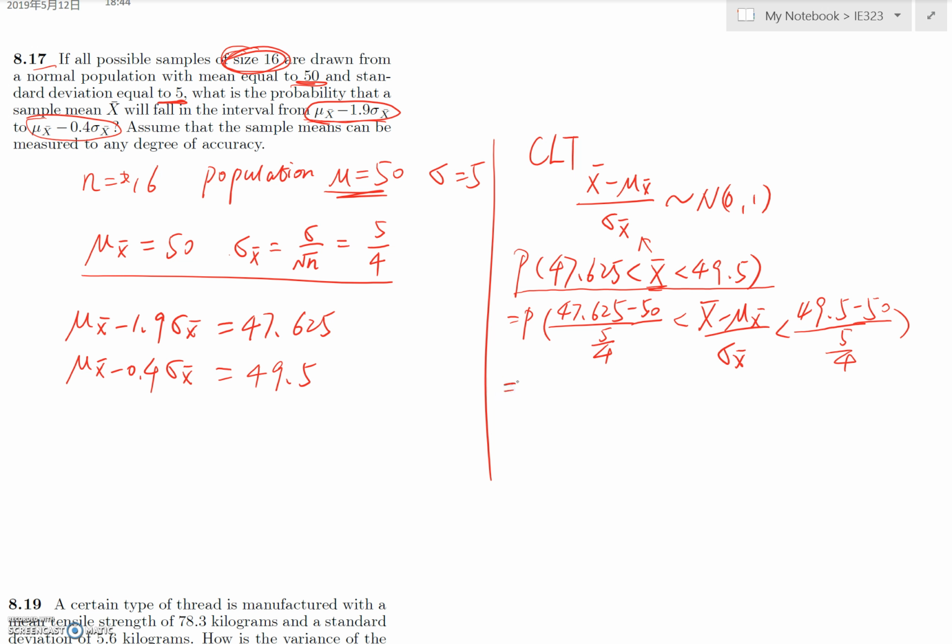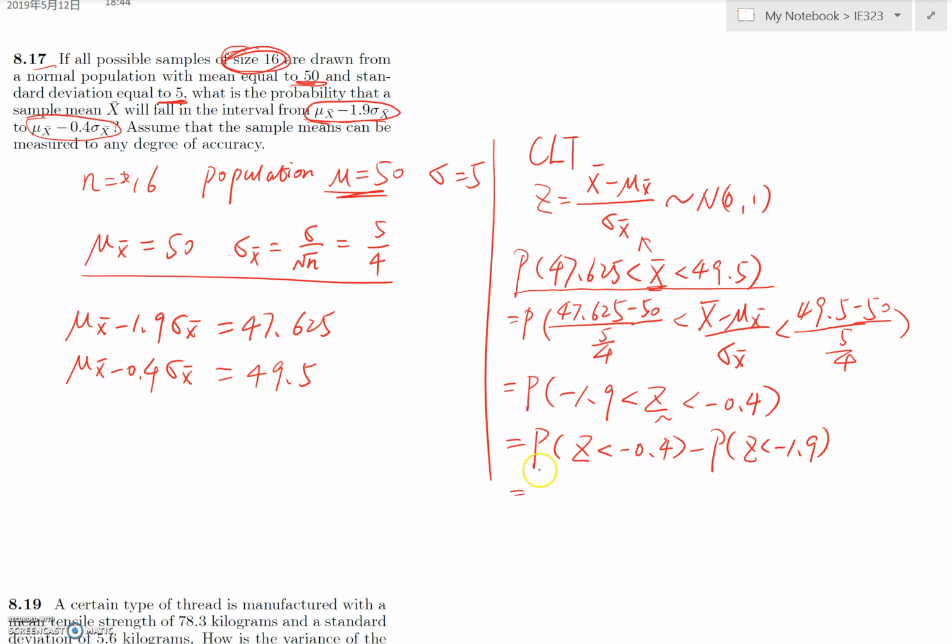This should equal the probability of minus 1.9 less than z, where z stands for the standard normal distribution, less than minus 0.4. This equals probability z less than minus 0.4 minus probability z less than minus 1.9.